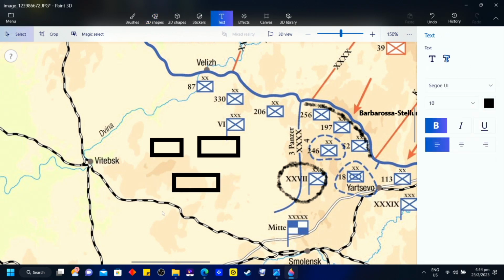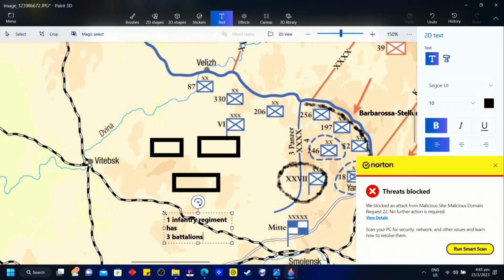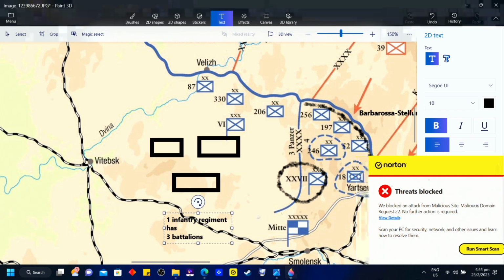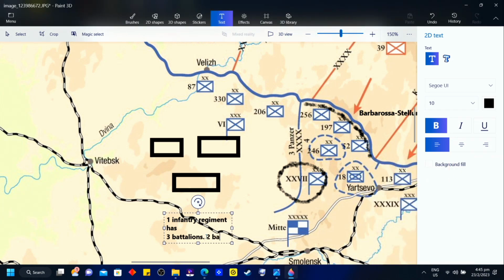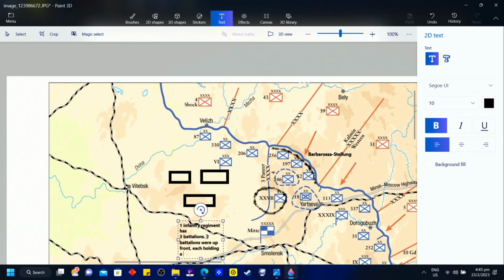So this is, I assume based on the writer's words, one infantry regiment has 3 battalions. So 2 battalions were up front, each holding a 2-kilometer wide sector.